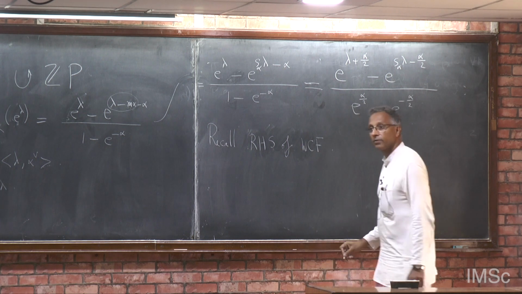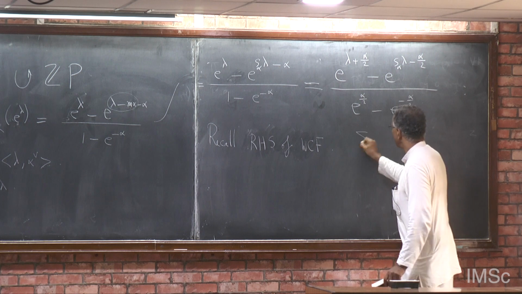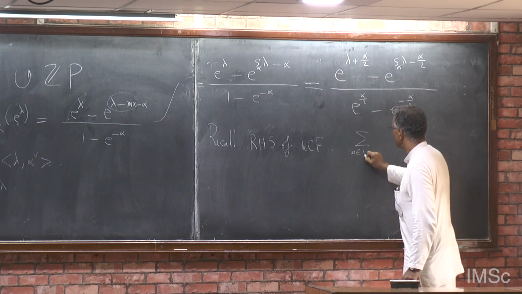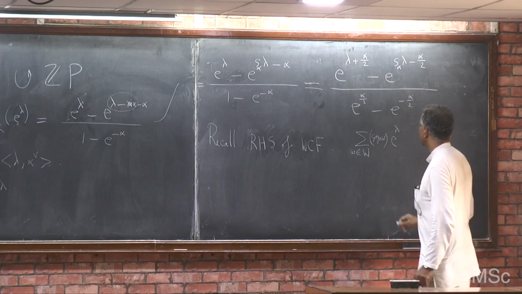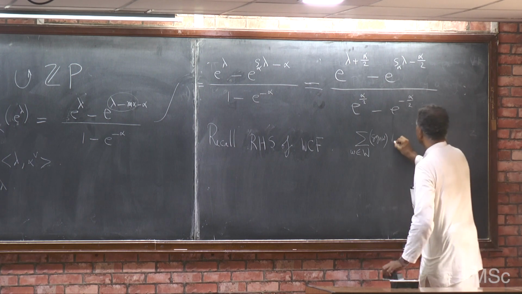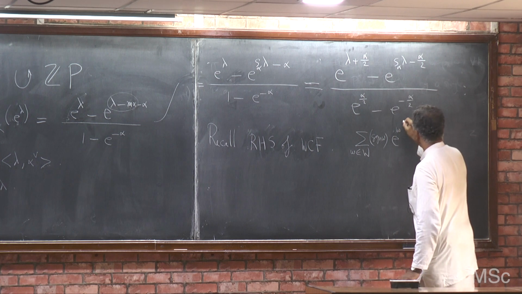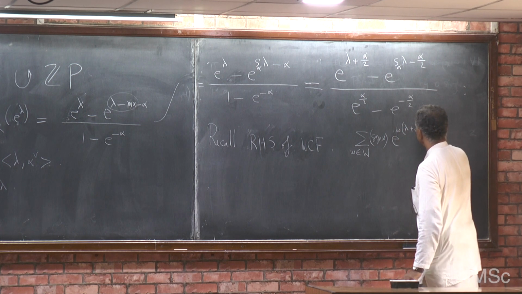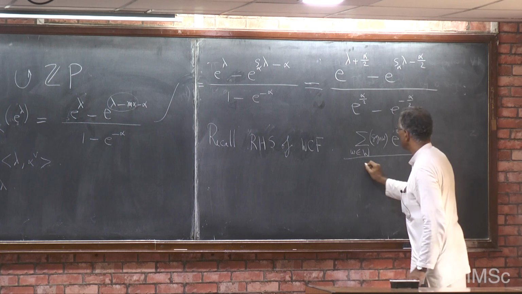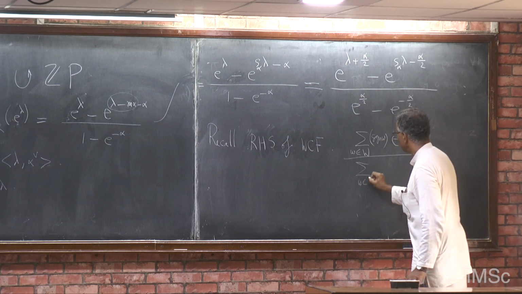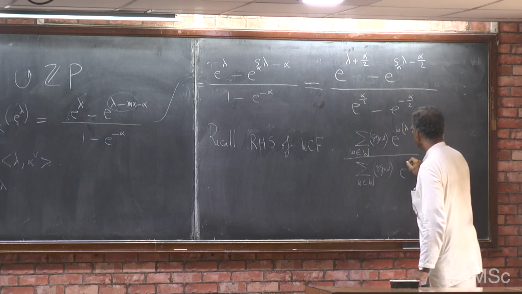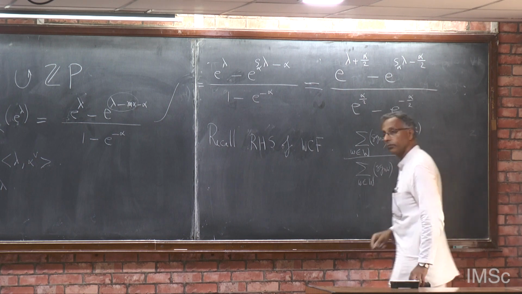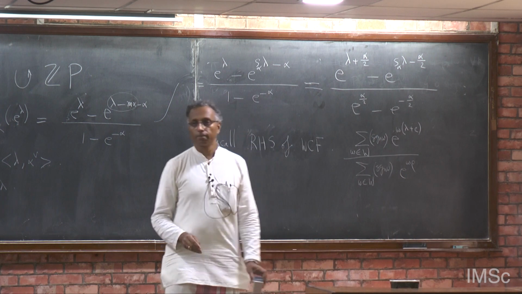What form does it have? You write sum over w in W of sign of w, e to the w of lambda plus rho, divided by sum over w in W of sign of w, e to the w rho, right.